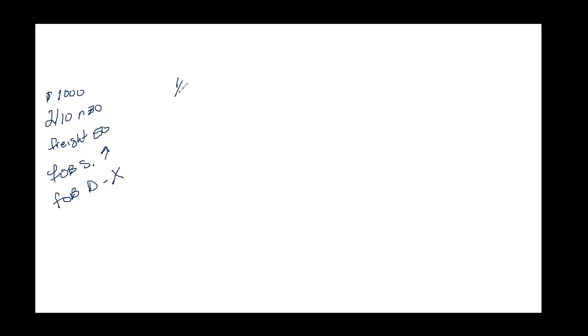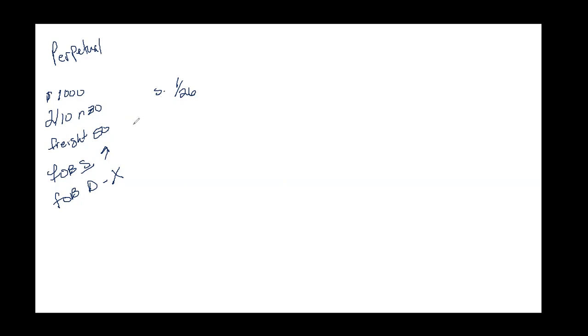Okay, so 1/26, we are buying $1,000. Let's assume shipping point, so I'm going to put an S there for shipping. And the seller is going to incorporate that shipping cost in our invoice. Now under perpetual, we include all of our shipping costs that we have to pay into our inventory account.